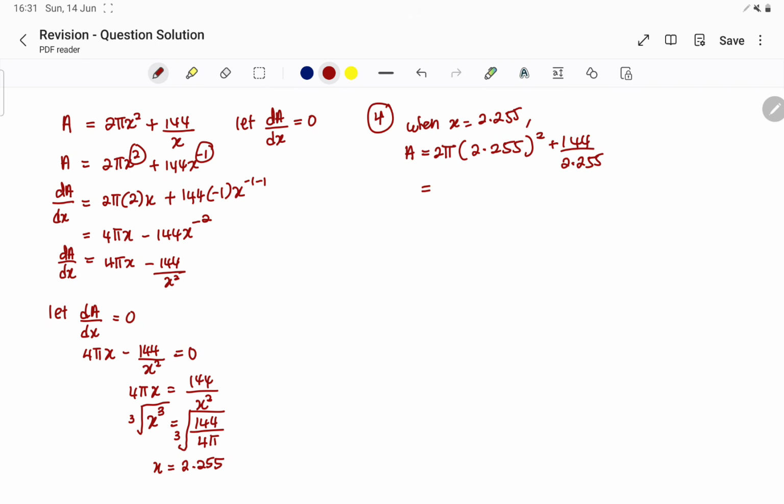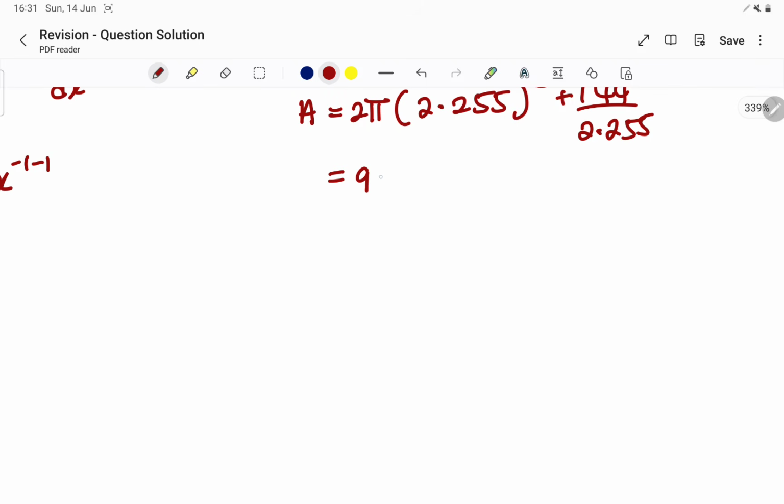You calculate this one and you are going to get 95.81. So this is the area.